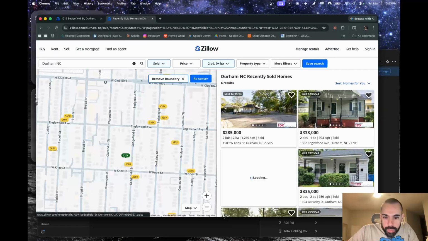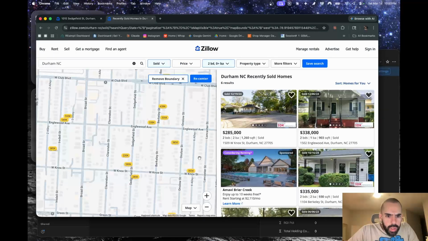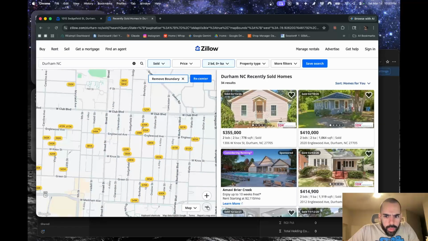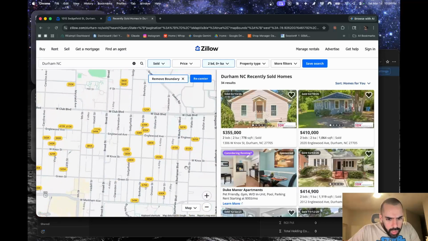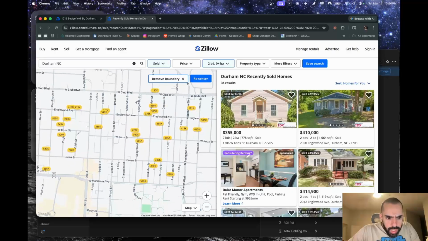There you go. Again, I only want to use two bedrooms if possible. There's a property on Sledgefield. Okay, so it's over here. Surprisingly, there's a bunch of two bedrooms. That's weird. Let's just use these properties.